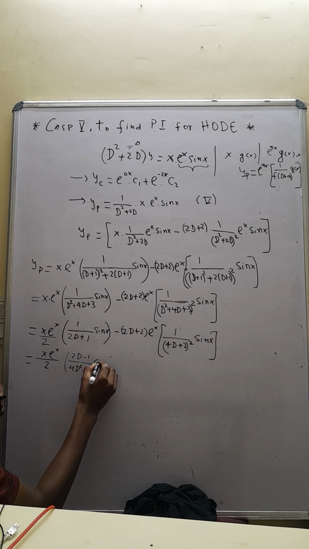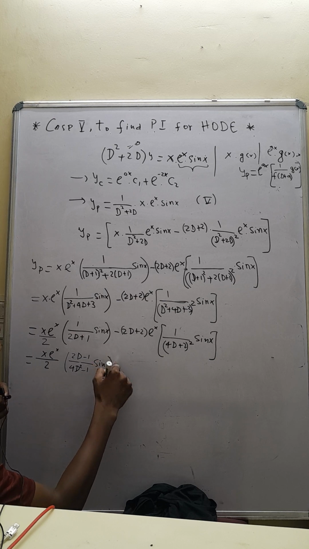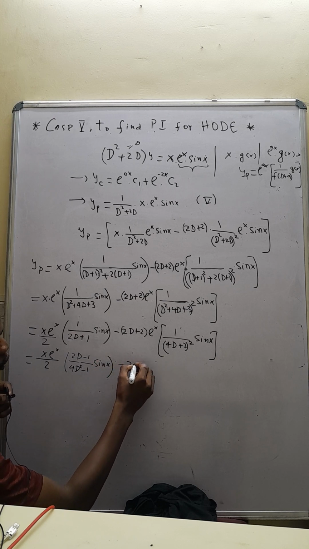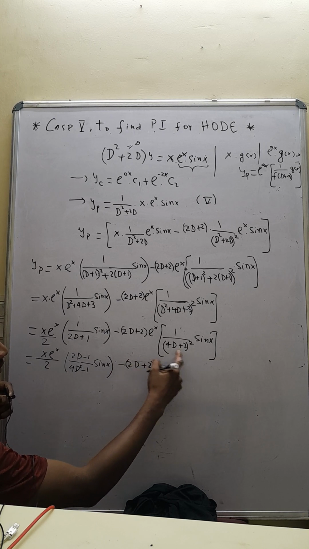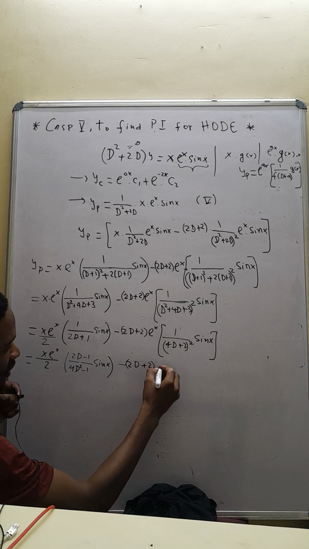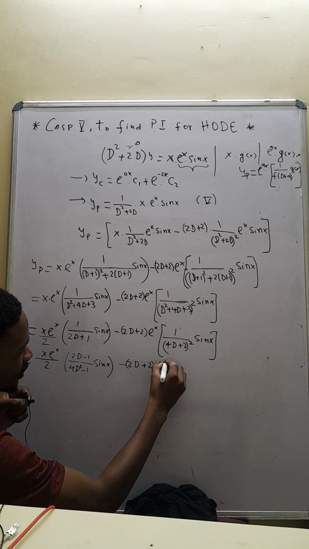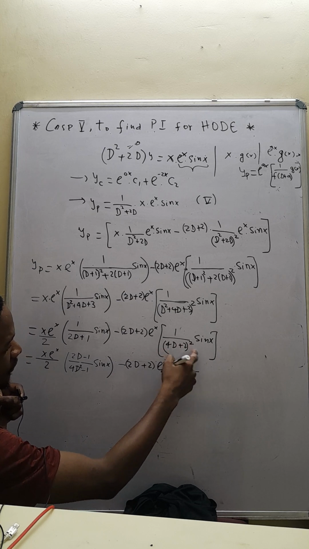Minus 1 sinus of x. Okay? Sinus of x. Then minus 2d plus 2. And here, if you look at this, you will get something like this. Euler raised to x. And here you get 1. Just multiply. Just find this one.